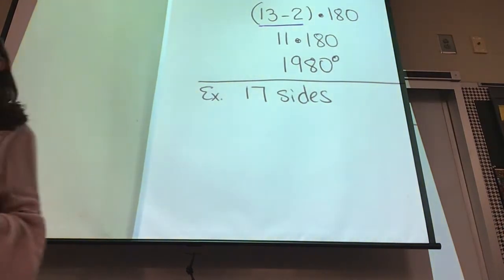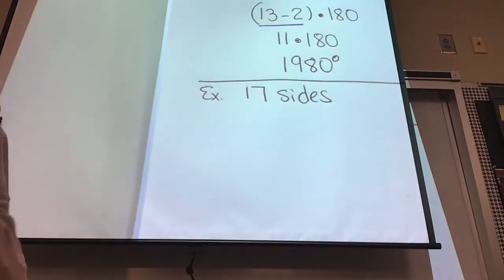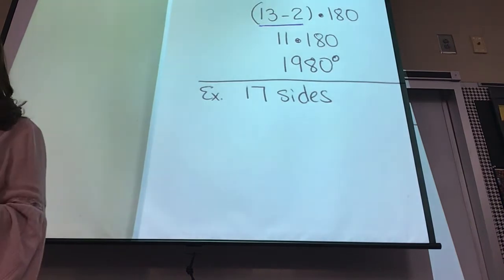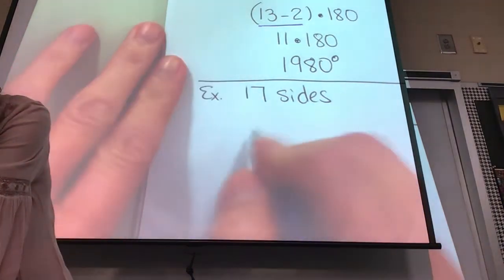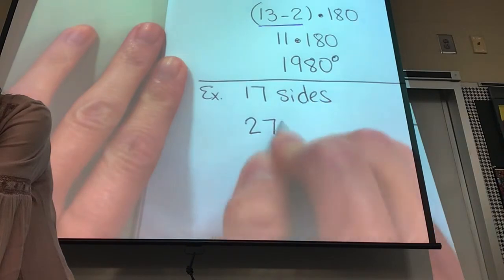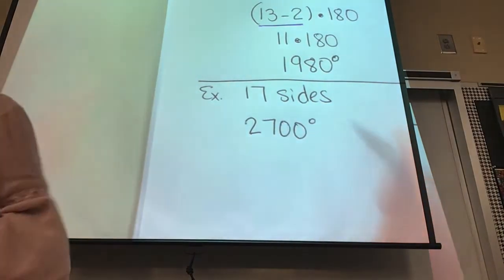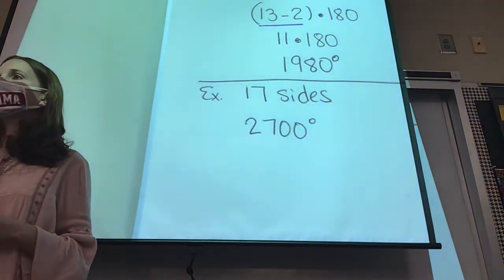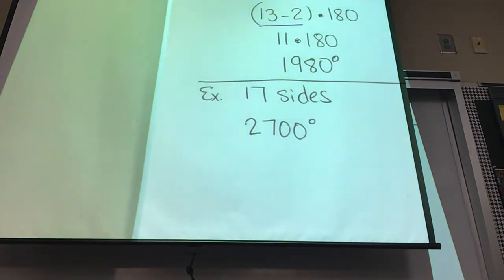Okay. So if we have 17 sides, what did we come up with as our answer? We should have gotten 2,700 degrees. Is that what we got? You got what? Say it a little louder.